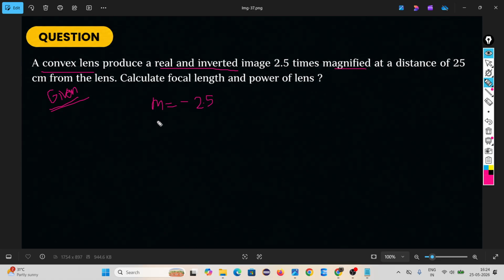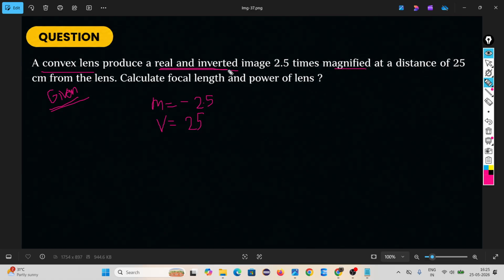At a distance means image distance equal to 25. Is it positive or negative? Think. Okay, look, remember the conditions.